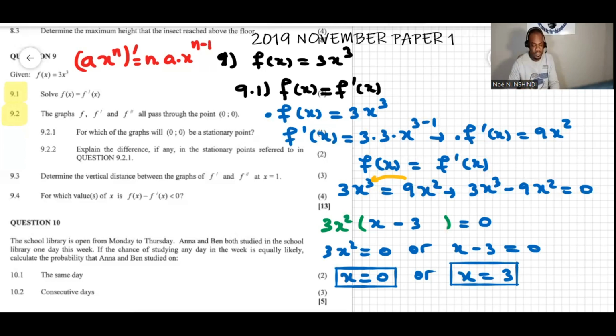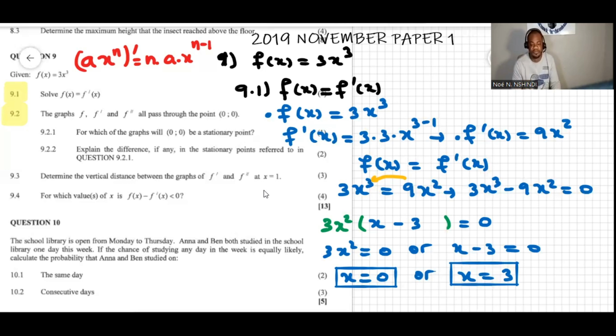Let's read it over. It says that the graphs of f prime and f second, which is the second derivative, all pass through the point (0, 0). For which of the graphs will (0, 0) be a stationary point?